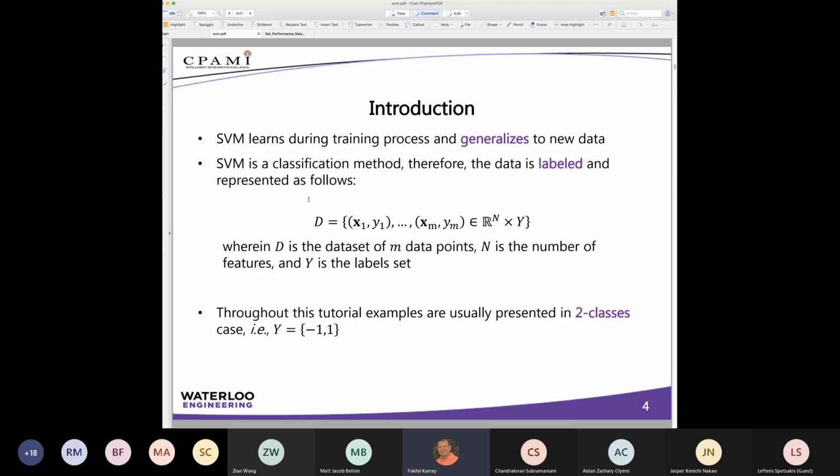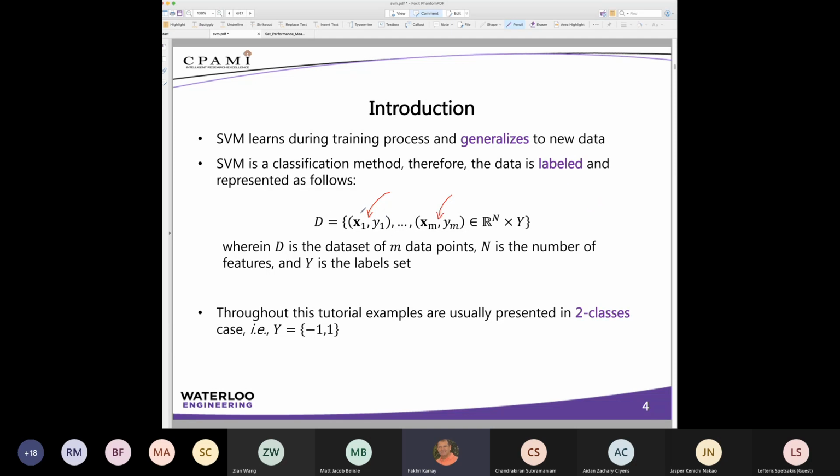So let's look at the support vector machine and what it does for a particular type of system. We are going to presume here that we have vectors. We are going to have a classification method, and we have several types of sets. Each one of these sets has a particular type of label.